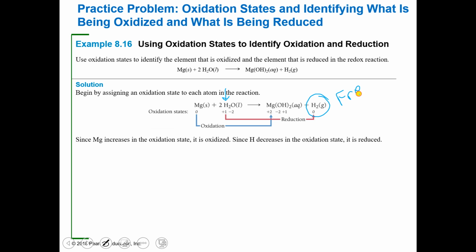This is in its free state now as a diatomic, so its oxidation number is 0. So this hydrogen has gone from +1 to 0, meaning it gained 1 electron. So electrons are now officially being gained and lost. It is lost by the magnesium and gained by the hydrogen. In the next lecture, we'll talk about redox and what all this means and how to balance redox reactions.